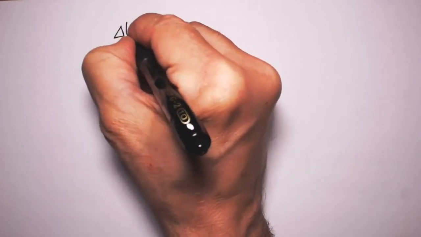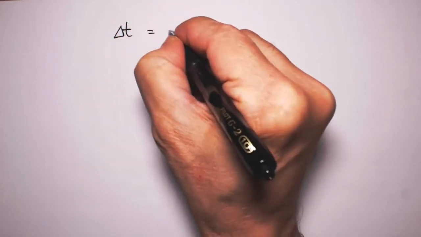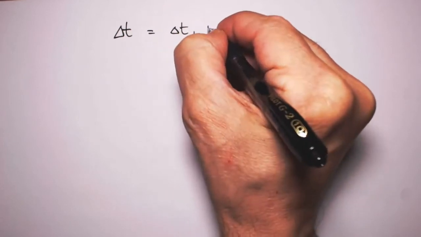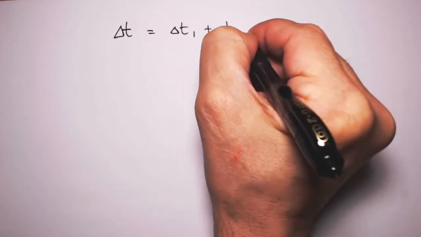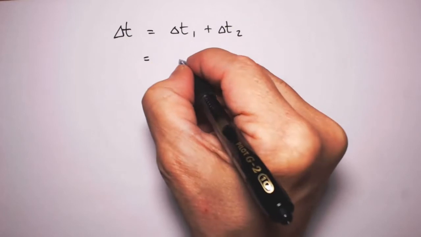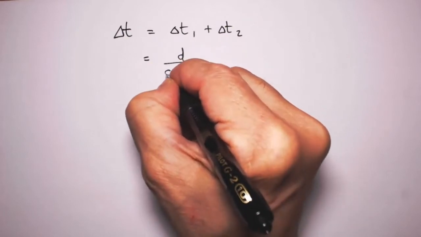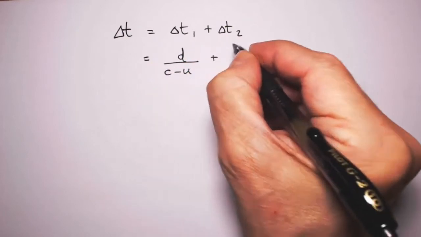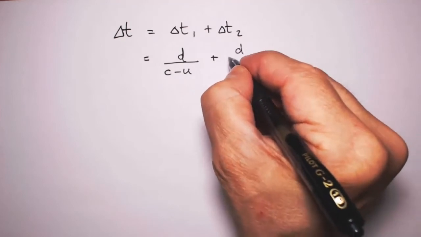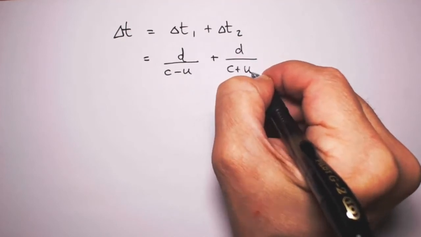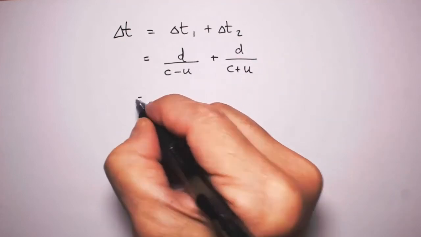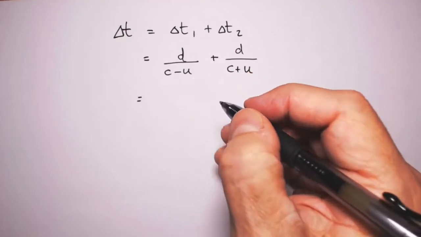Now let's find an expression for delta t. So delta t is equal to delta t1 plus delta t2, and we have established that delta t1 is d over c minus u, and delta t2 is d over c plus u, and we cross multiply and take out a common factor d.